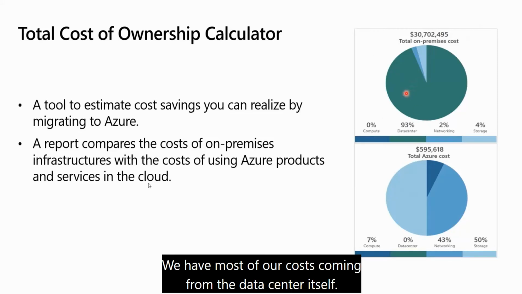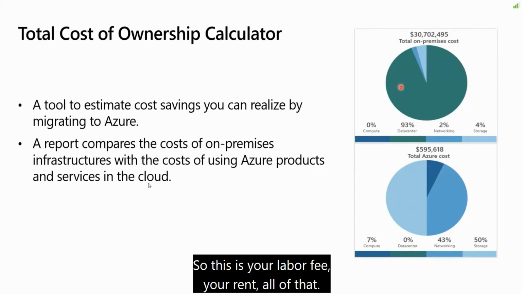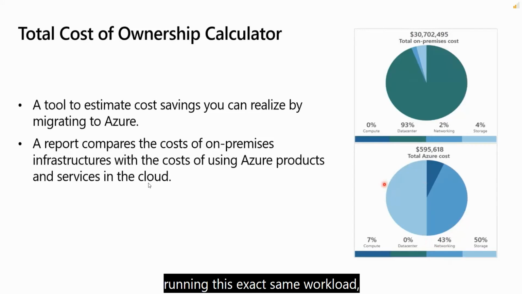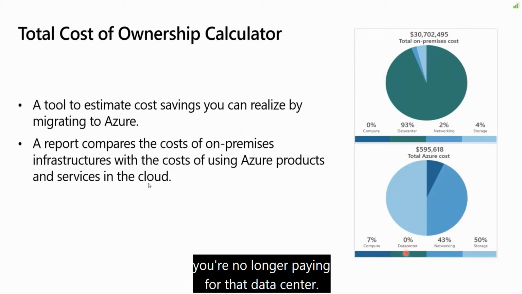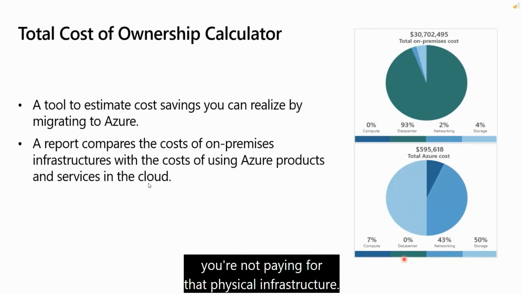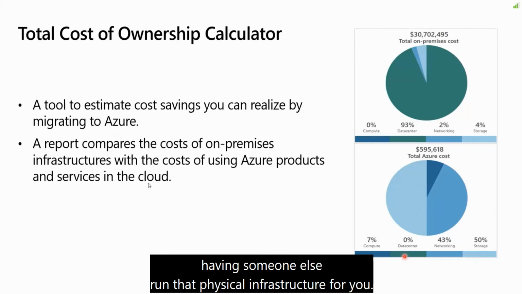So what we can see here from the report is that most of our costs are coming from the data center itself. So this is your labor fees, your rent, all of that, with very little coming from the actual compute side. If we were to switch it over to Azure then, running this exact same workload, you no longer are paying for that data center. Because again, when you work with Azure or any public cloud computing, you are not paying for that physical infrastructure, or you are taking advantage of having someone else run that physical infrastructure for you.